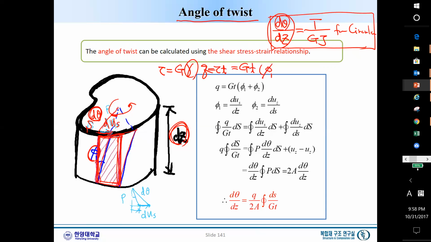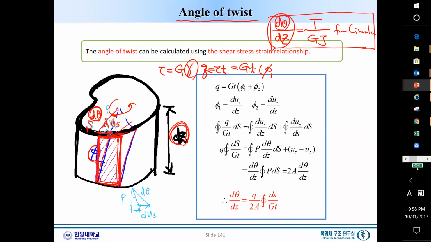There will be not only this way, but maybe an upper deformation, another angle, but this can be cancelled out, which makes the derivation a little complicated.